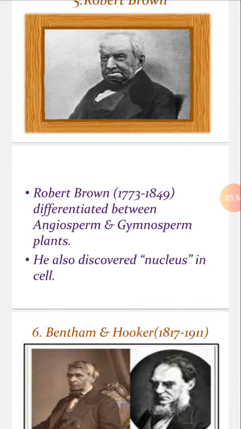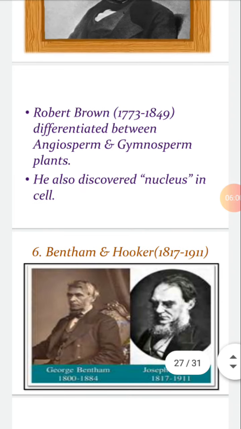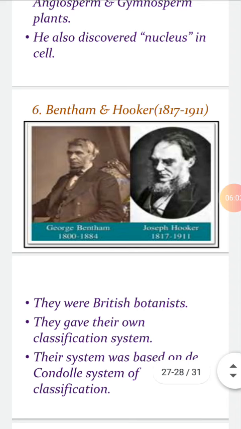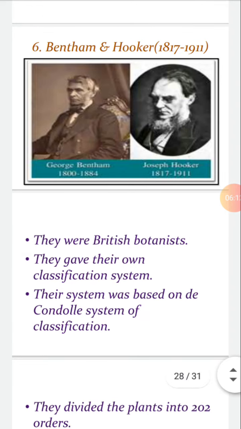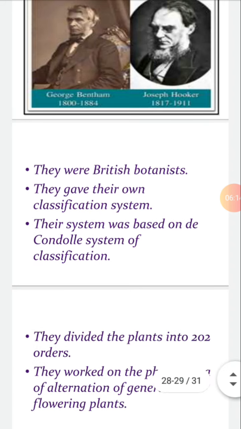Sixth are Bentham and Hooker, 1817 to 1911. You can see pictures. They were British botanists. They gave their own classification system. Their system was based on de Candolle's system of classification, which we discussed earlier.